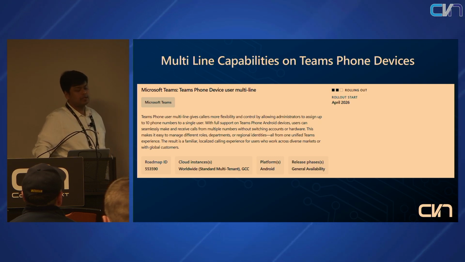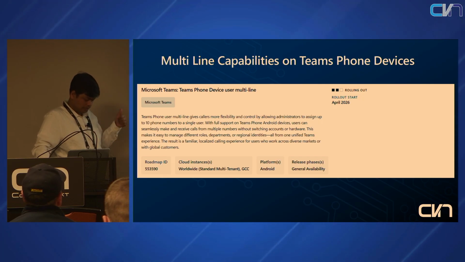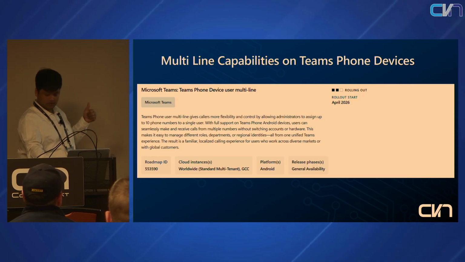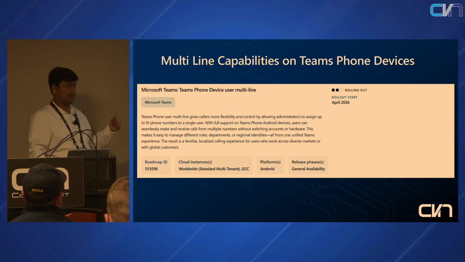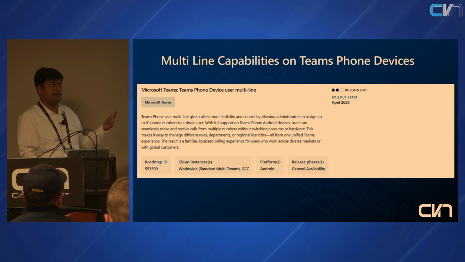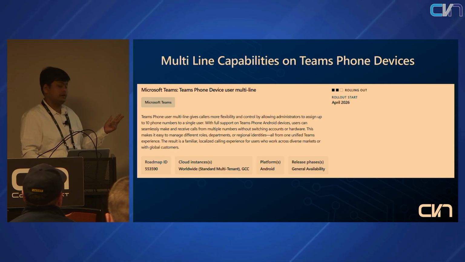This functionality right now is available on the Teams IP phones. It will be added on your Teams desktop applications as well, where you can have 10 DIDs assigned. Your primary DID can be calling plan, can be Operator Connect, or direct routing.